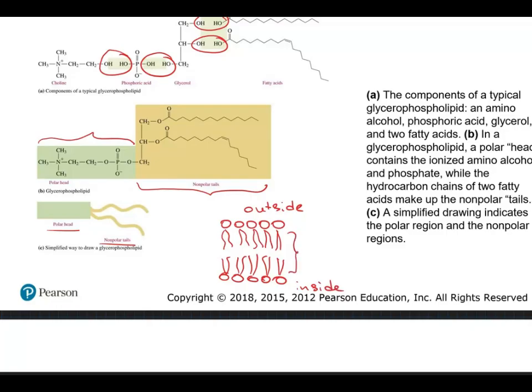And the hydrophobic tails are sort of hidden inside the membrane. We call it phospholipid bilayer, okay? Are we good?